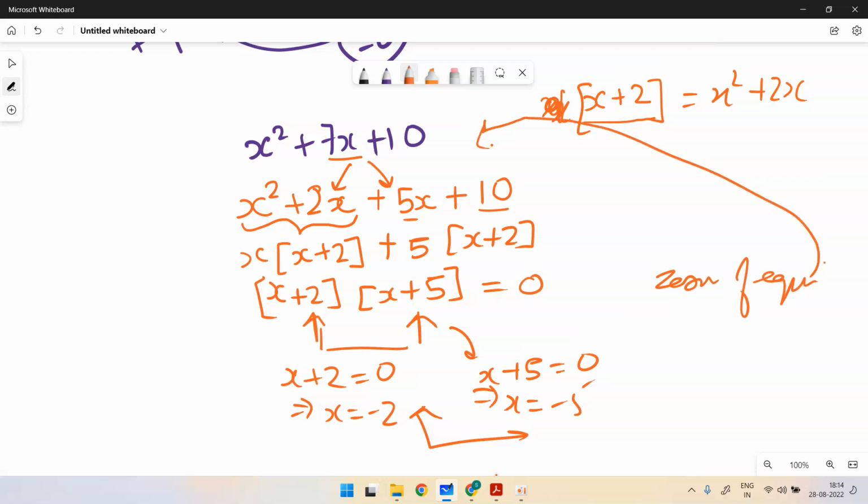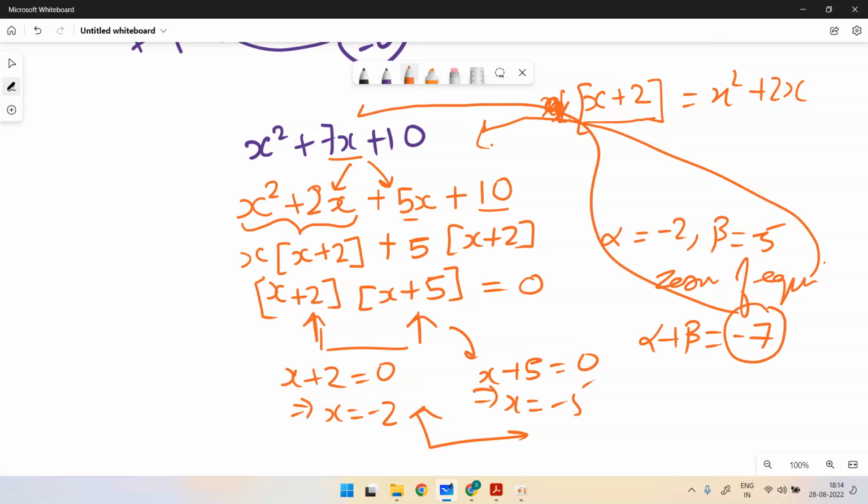Now let us take alpha to be minus 2 and beta to be minus 5. The sum of the zeros, alpha plus beta, is minus 7, which is the same as minus of plus 7.